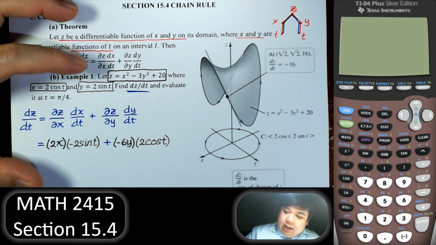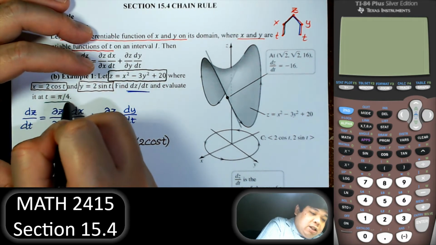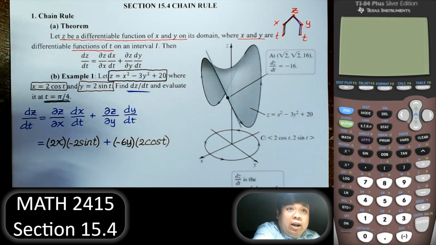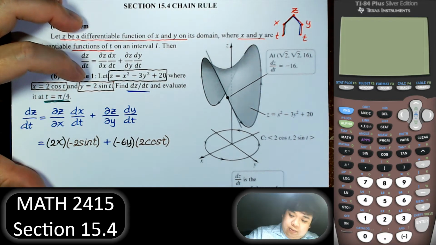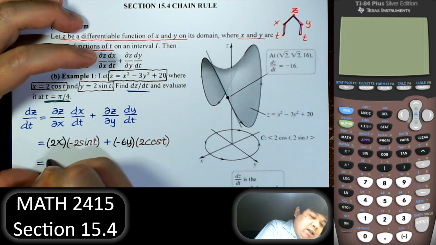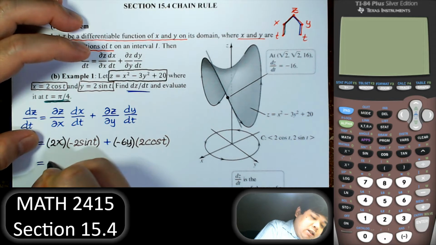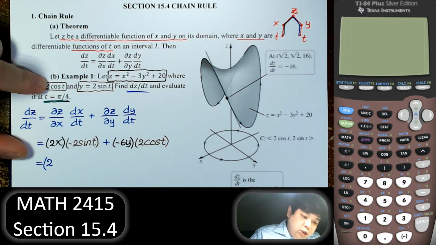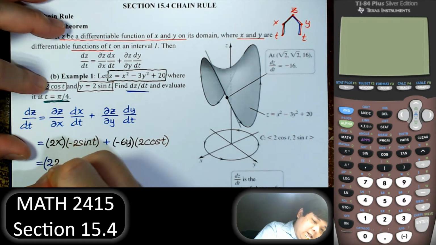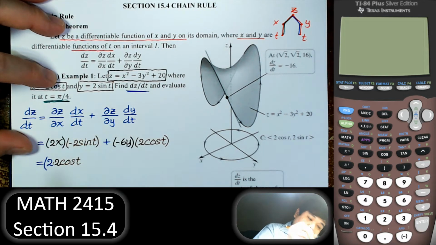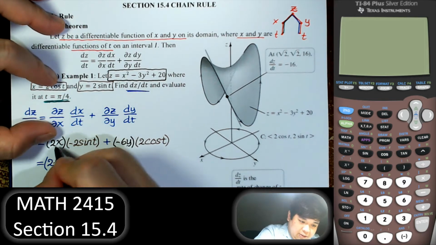Now, notice we only have t is equal to pi over 4. We don't have x, we don't have y, but we certainly can find it. So next, 2x. X is equal to 2 cosine t, right? So I'm going to put 2 cosine t here, that is for x.